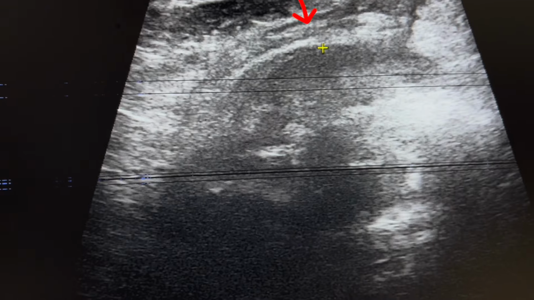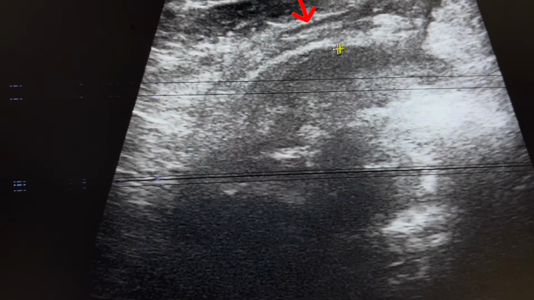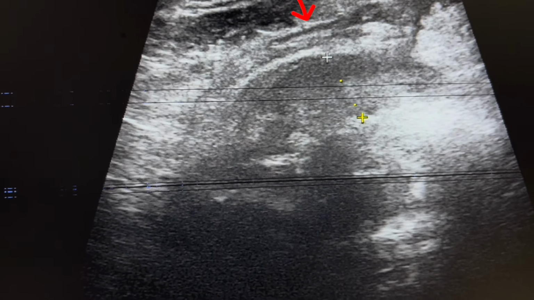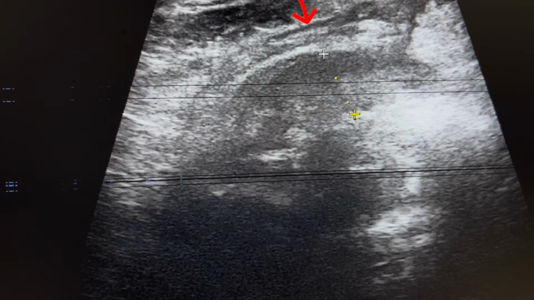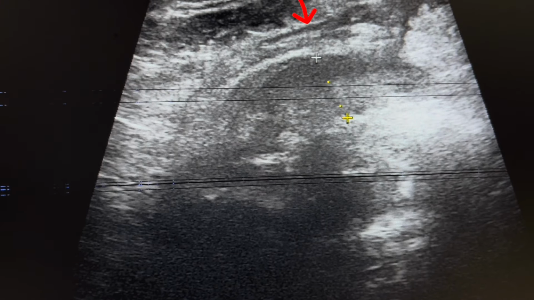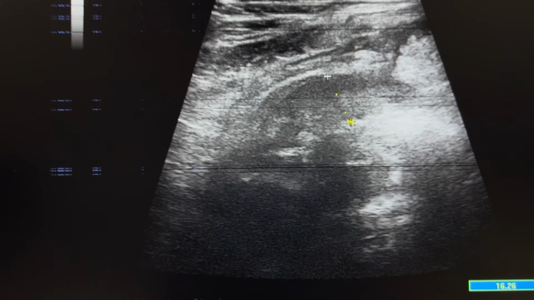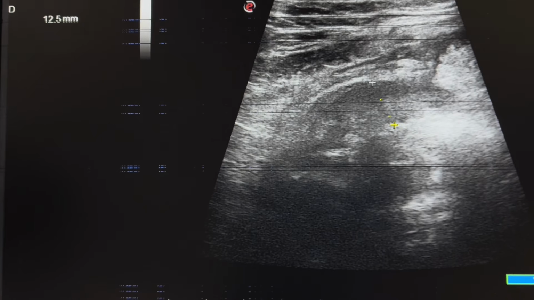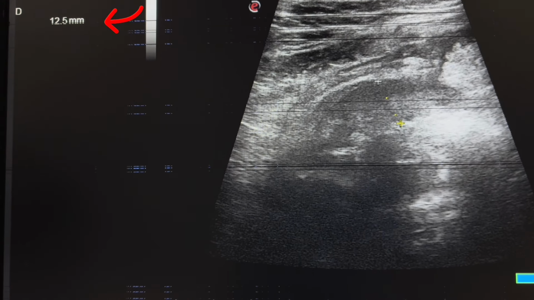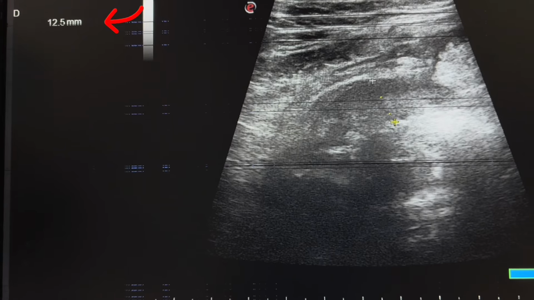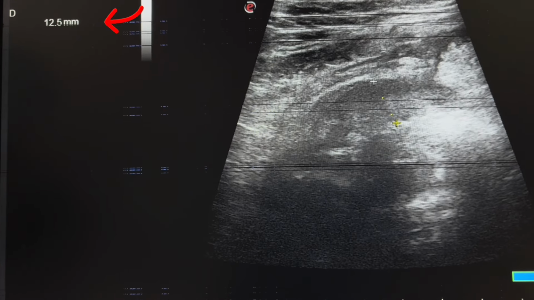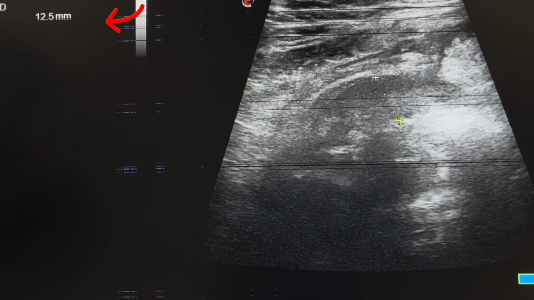Now we will measure the anteroposterior diameter of the appendix. The anteroposterior diameter of the appendix is 12.5 millimeters and the normal size is up to 6 millimeters.